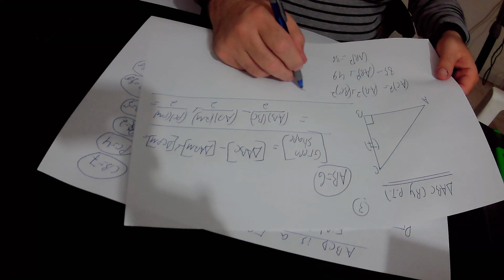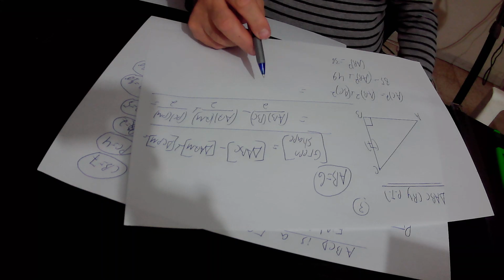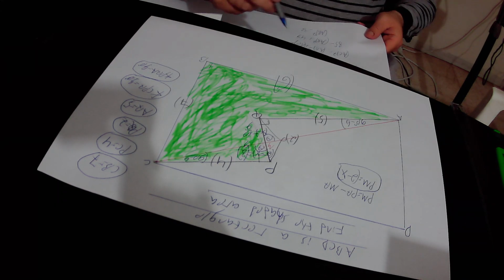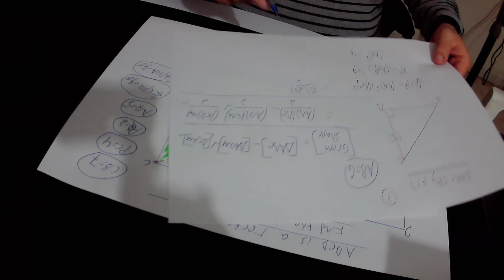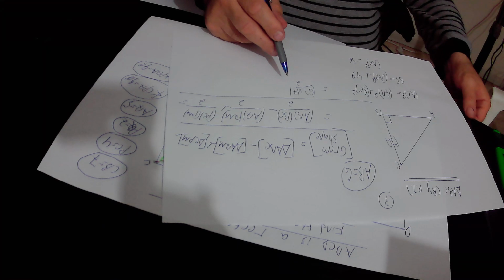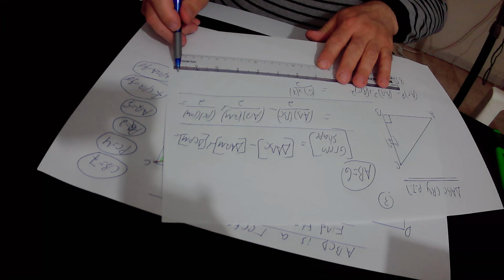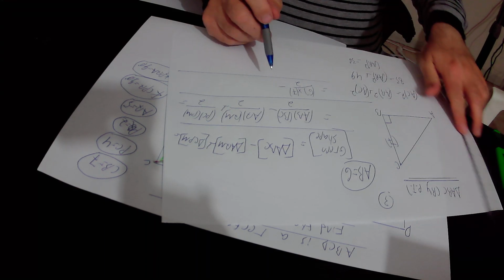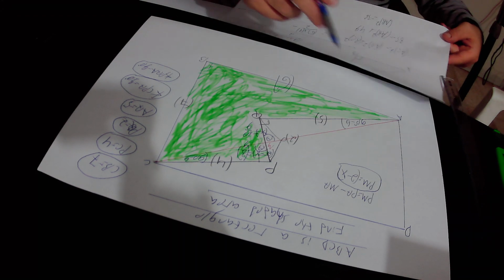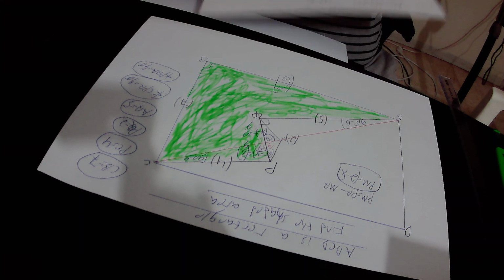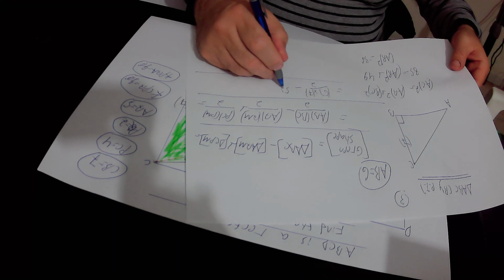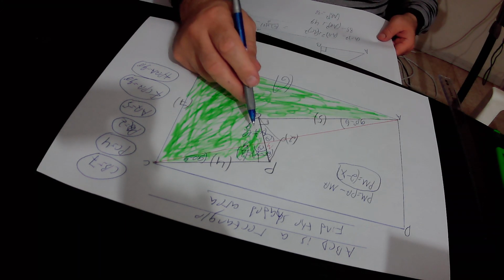So the area of the green shape equals the area of triangle ABC, that is AB, 6, times BC, 7, divided by 2. So 6 times 7 over 2 is the area of the big triangle ABC, minus the area of the white triangle, triangle AQM. The area of the white triangle AQM equals AQ, that is 5, times QM.